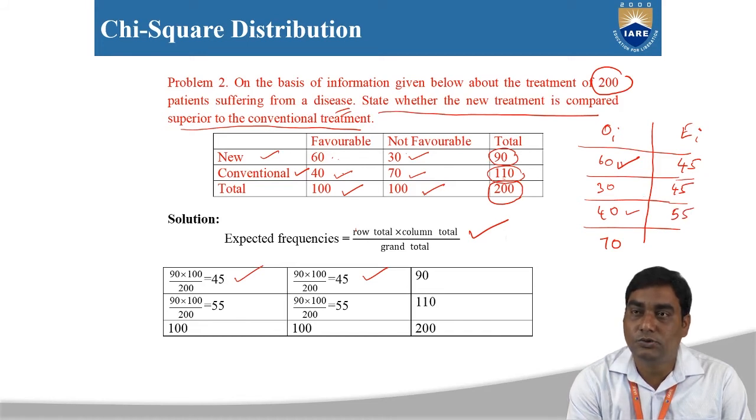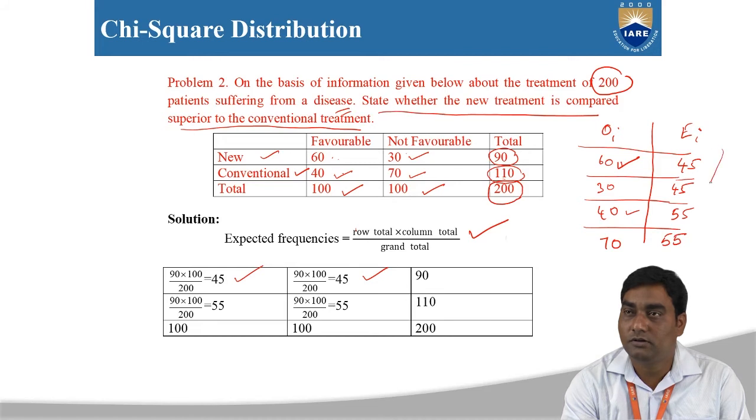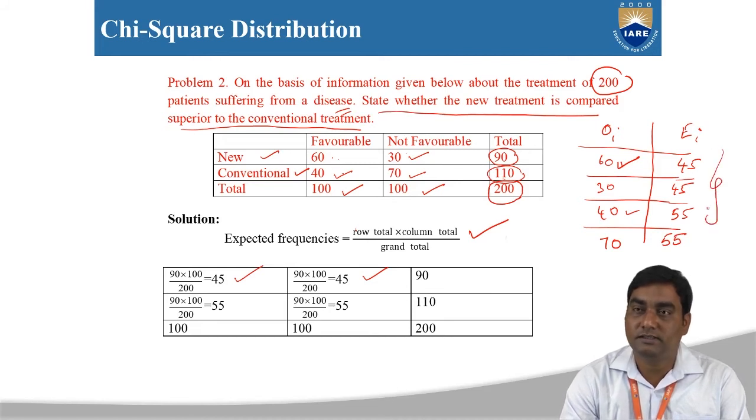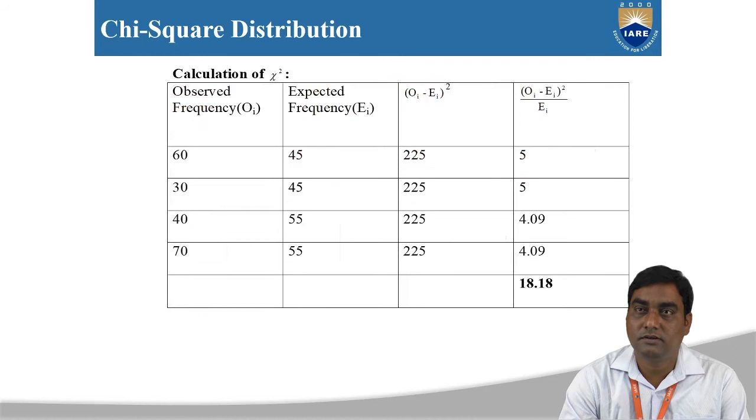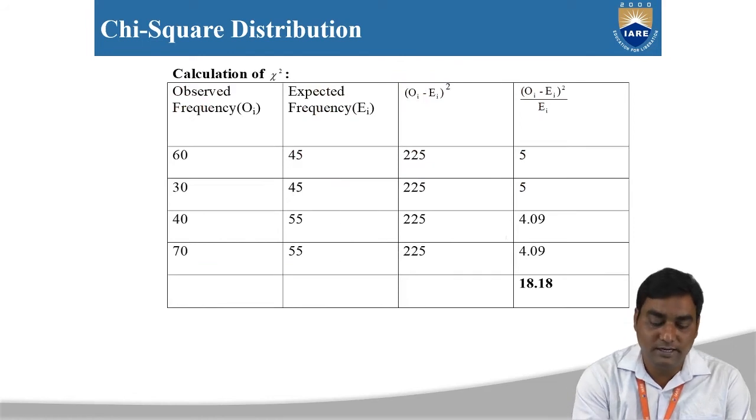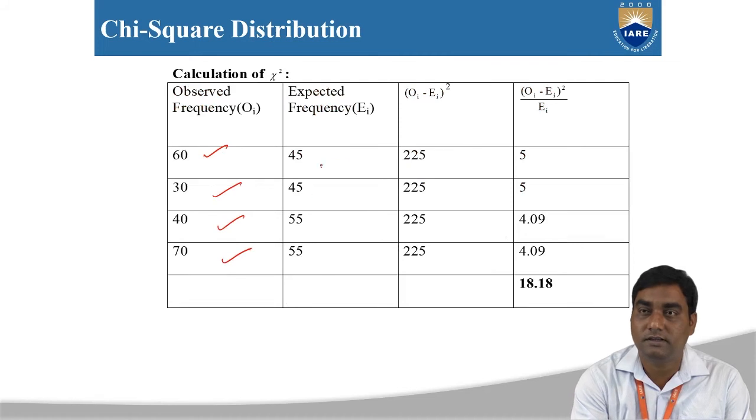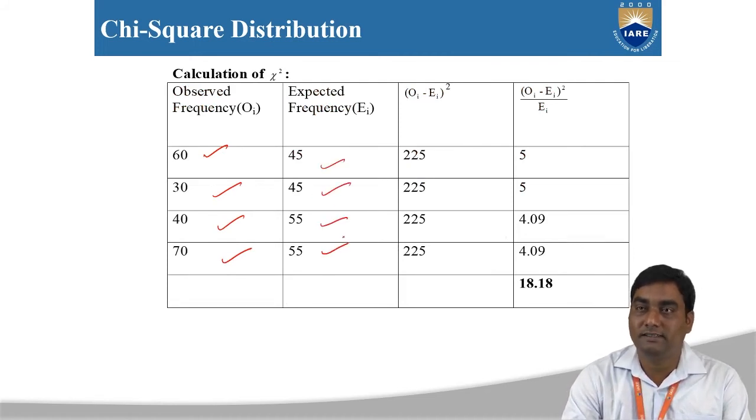Similarly, 110 into 100 by 200 is also 55. So these are the expected frequencies corresponding to the observed frequencies, calculated by using the method 3 formula.